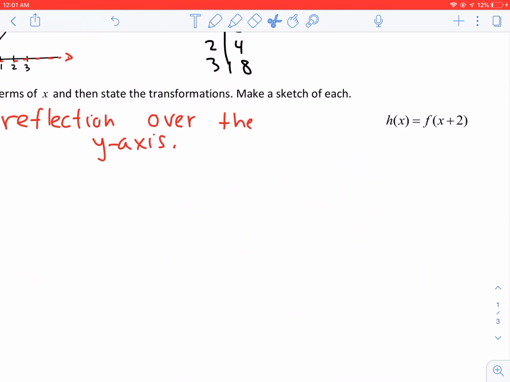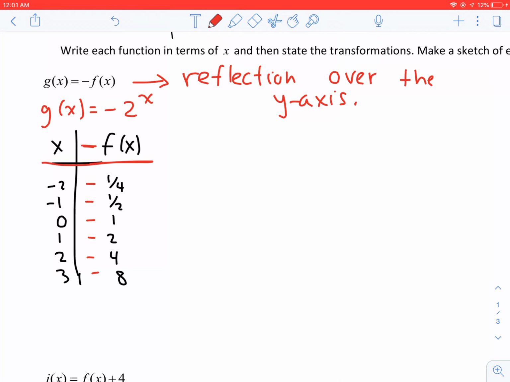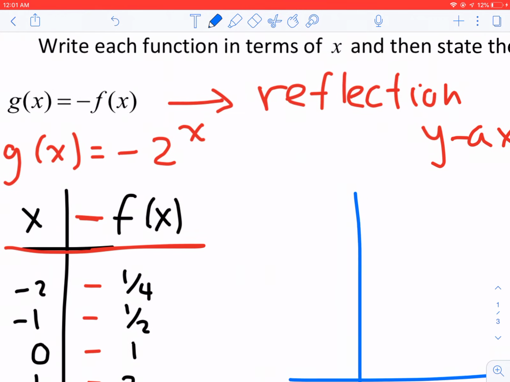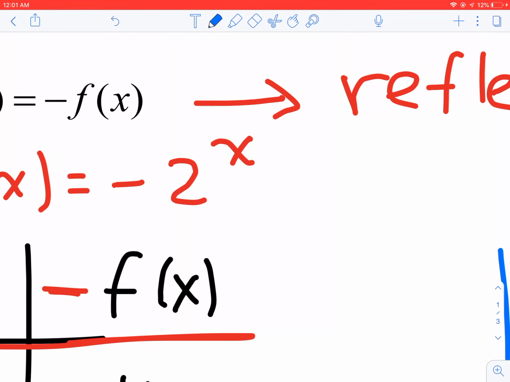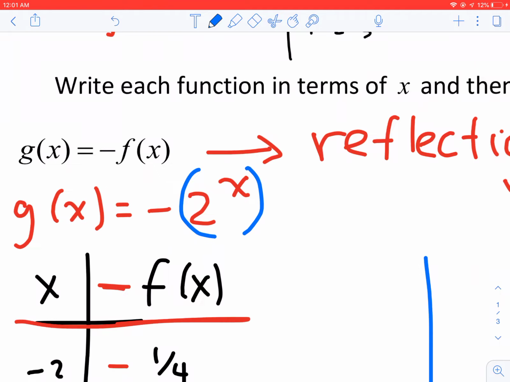So the exact same thing is happening here if I wanted to graph g of x equals negative 2 to the x power. Oh, and by the way, very important to note that it is written like this. The negative is not part of the base being raised to the x power. It's really more like negative 1 times 2 to the x power.